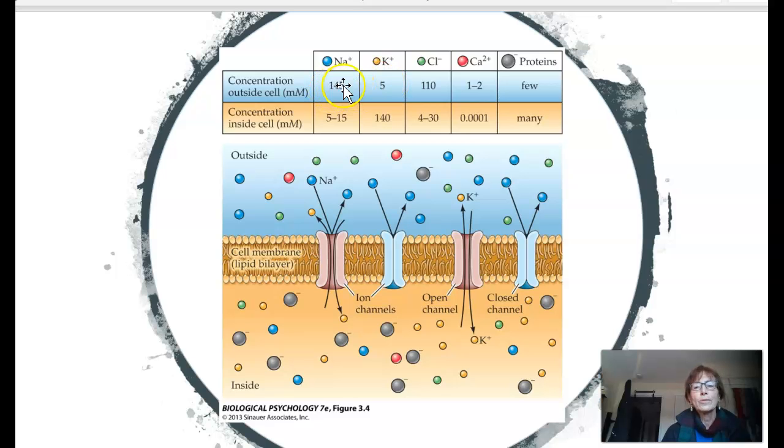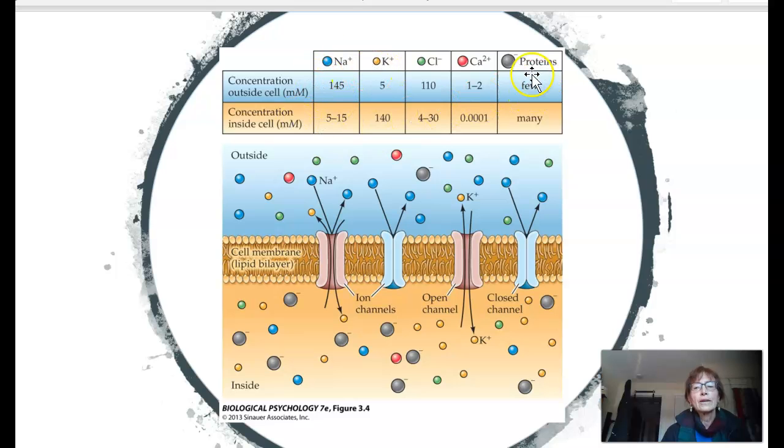So a lot of sodium outside, very little potassium, very few proteins, a few calcium. Chloride we've kind of ignored, but we're certainly going to get into it more later, and it's very important too, because remember, chloride will hyperpolarize the neuron if it goes in, making the interior more negative. So we look at that with GABA, we look at that with glycine, when it's inhibiting activity.